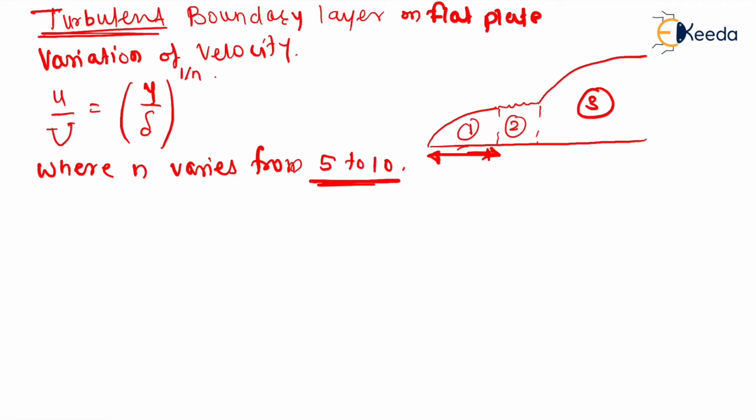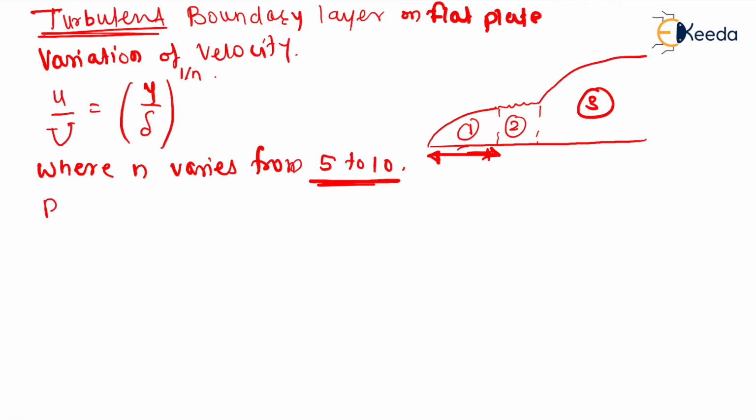So the relation is small u upon capital U is y upon delta raised to power 1 upon 5, or 1 upon 6, up to 1 upon 10. If we have some power like this, then it is clear that we are talking about the third region, that is the turbulent boundary layer.